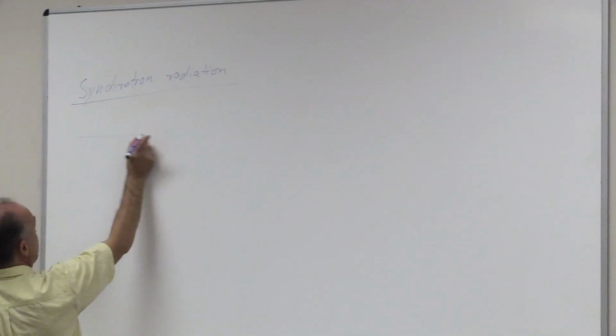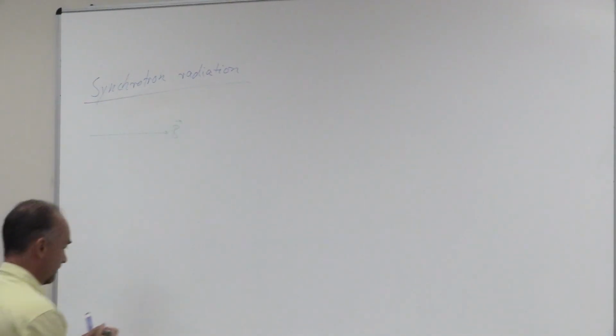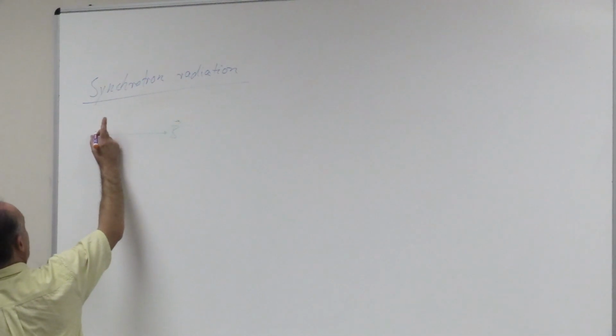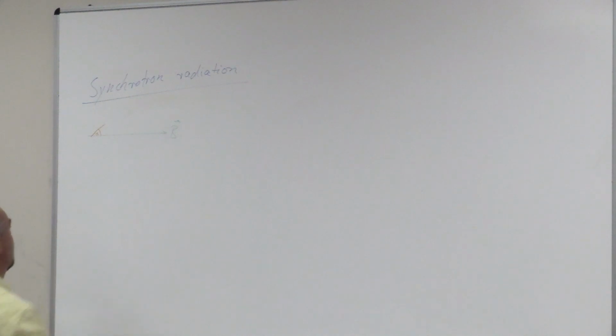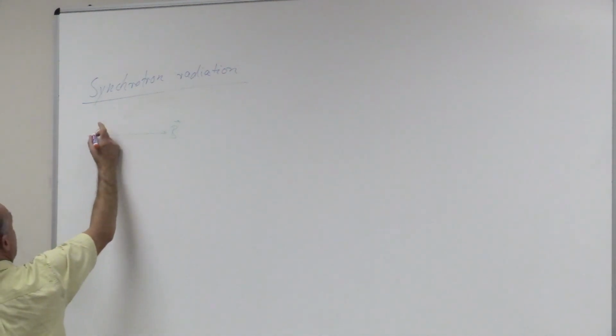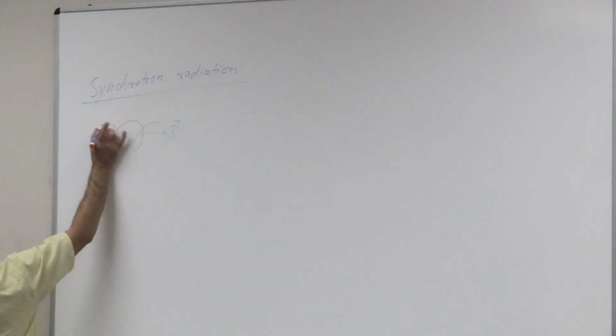So in fact, the main thing is that you have some magnetic field B in some direction, and you have a particle spiraling around, moving with some angle, say alpha, between the velocity and the magnetic field, which means it will spiral around like that.